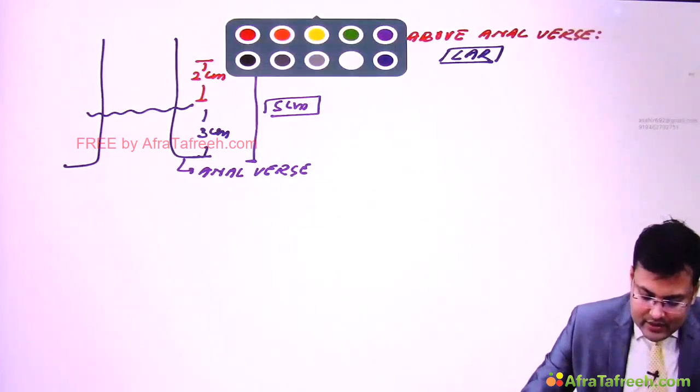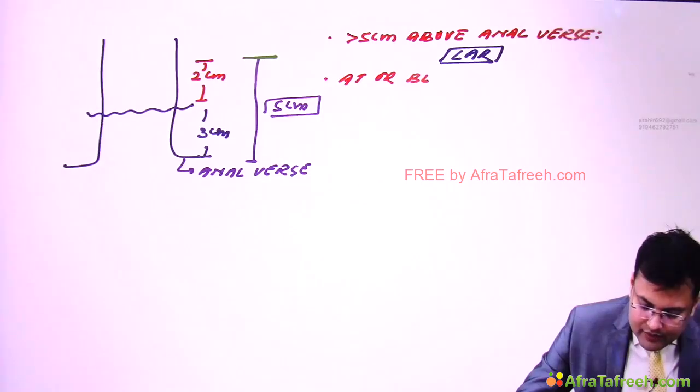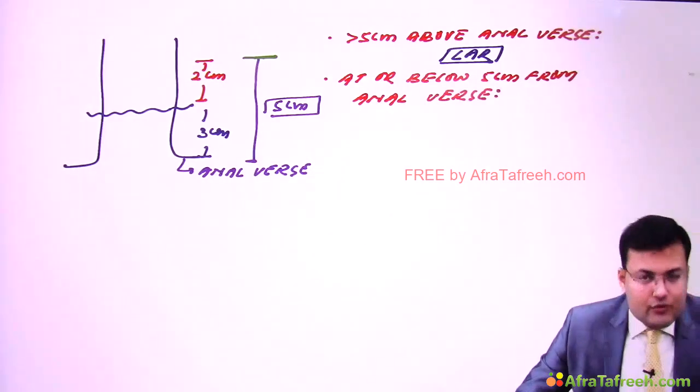And if the malignancy is located at or below 5 cm from the anal verge, clear? In these cases we go for APR.